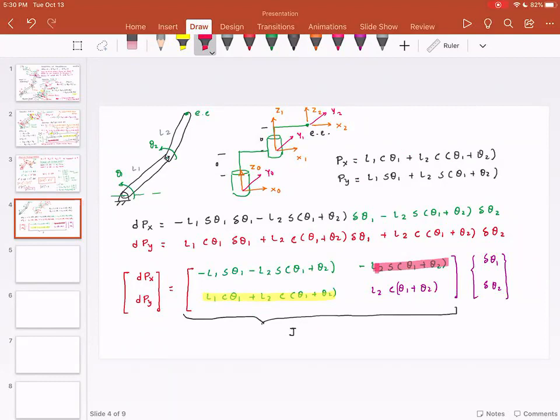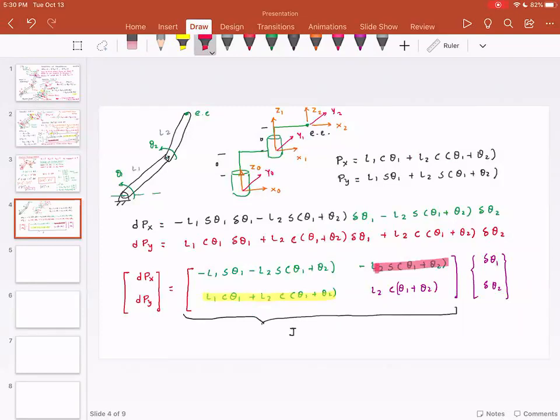Shouldn't that be L2? Did I make a mistake somewhere? Which term? L2 sine theta 1, theta 2, px. Green part, top right.